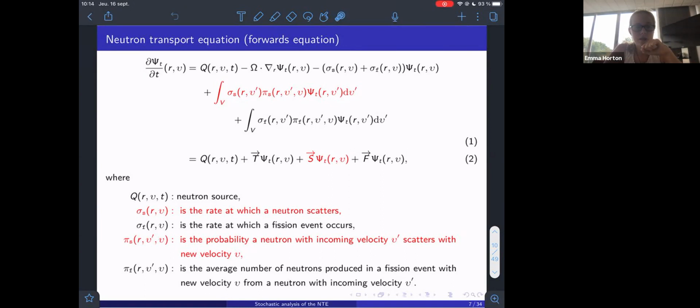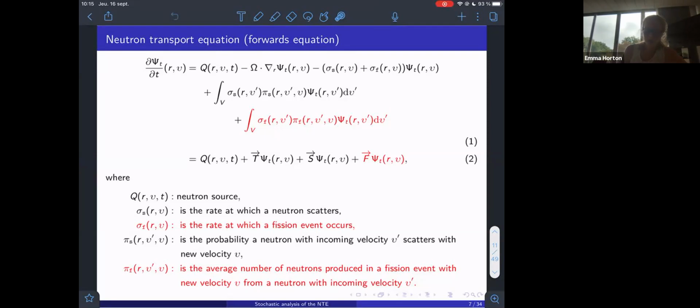The other possibility that could have happened, as I said, was a fission event. This is where, at rate sigma F, a fission event happened. And now I integrate over all the possible configurations that my neutrons could have had before the fission event that fission into r and v.